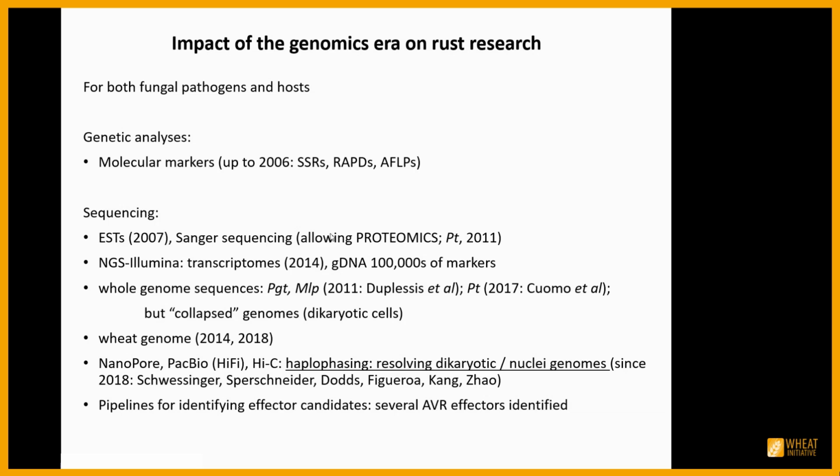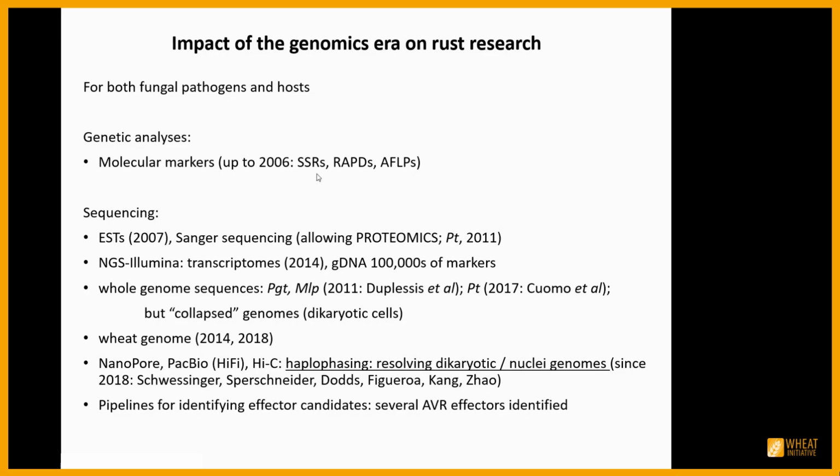Originally, molecular markers for these rust isolates were developed. A lot of this work was done by Jim Kolmer and others, also in Canada by Brent McCallum and Shiben Wang, and I was involved in that in the beginning.